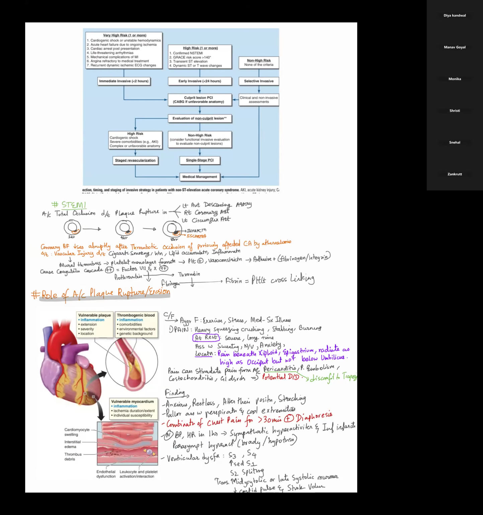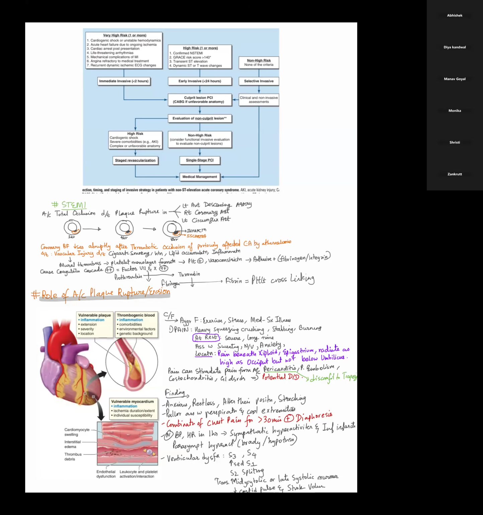And a mural thrombus is formed, in which a platelet monolayer is formed and causes vasoconstriction because it is adhesive due to the presence of fibrinogen and integrin, which causes activation of the coagulation cascade and factor 8 and 10 activation, which causes fibrin activation and platelet cross-linking.